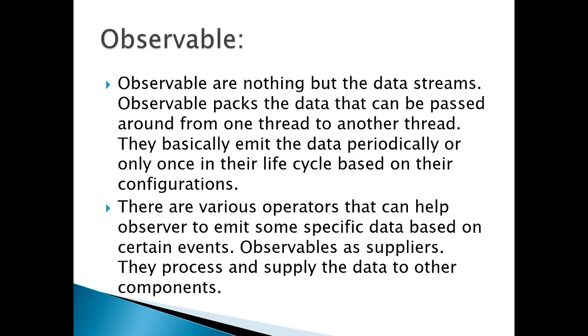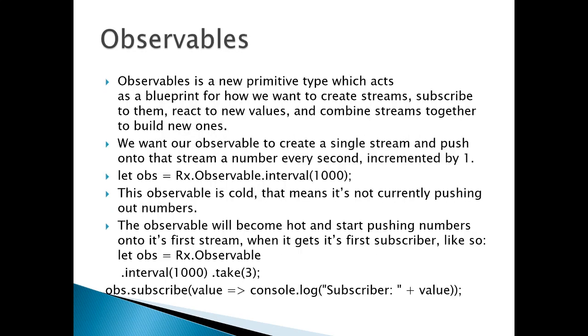Listening to these streams is called subscription to the streams. There are various operators that can help the observable emit some specific data based on certain events. These observables are like suppliers. They process and supply the data to other components.